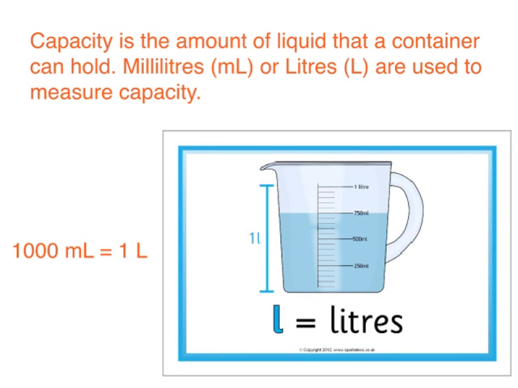So if you wrote down that 1,000 milliliters is equal to 1 liter, then you are correct. So you can see that in the container there's less than 1 liter of water, and if you see how high the water goes, it reaches the 750 milliliter line. So there are 750 milliliters of water in this container.